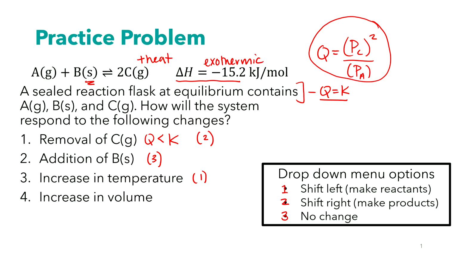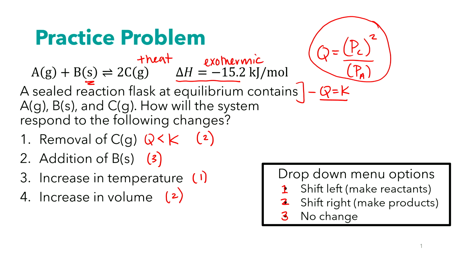Okay, and then lastly, an increase in volume. 1, 2, or 3. Good. Okay, I'm seeing a little bit of a mix, which makes sense. This is a little bit tricky. I selected 2. You might stop and be like, hey, it should be 3. I'm not changing the number of moles on the left and right, and we can't change the equilibrium unless there's a change in moles, but it's moles in the gas phase.